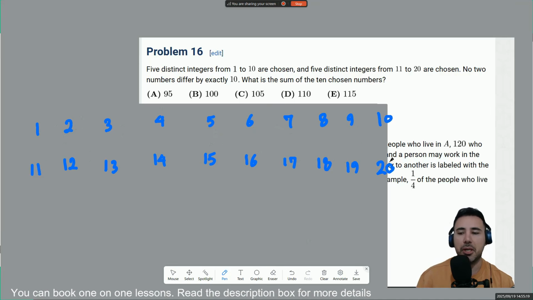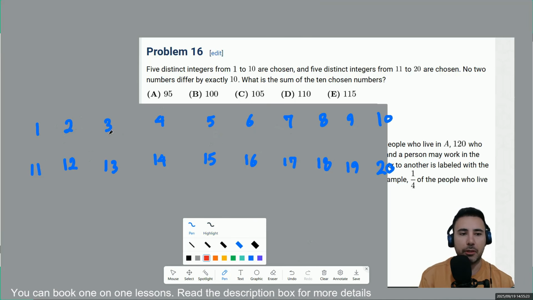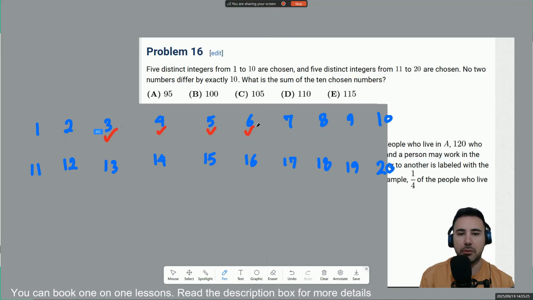It says choose 5 distinct numbers, right? I could choose this one, this one, this one, this one, this one. Anything you could choose here. For simplicity, it makes sense to choose the first 5. If I choose 1, that means I can't choose 11. If I choose 2, I can't choose this one.